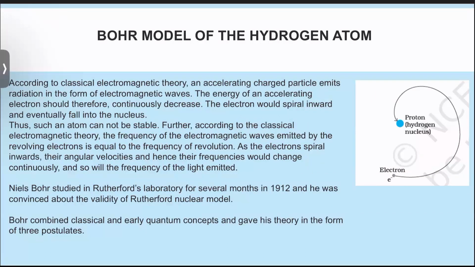The model of the atom that was given by Rutherford is based on a lot of assumptions. One of them is that there is a central nucleus and revolving electrons, and the electrons revolving around the nucleus is kind of stable, just like our solar system, the sun-planet system.